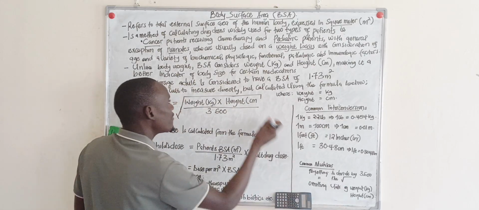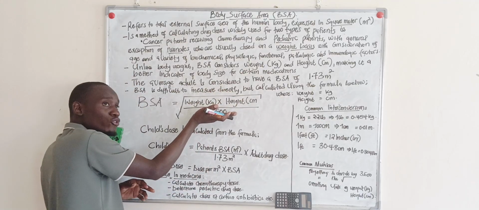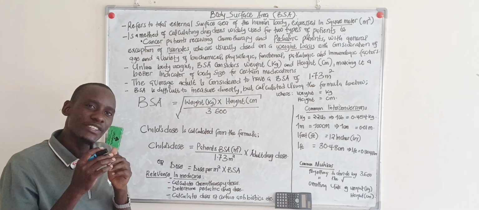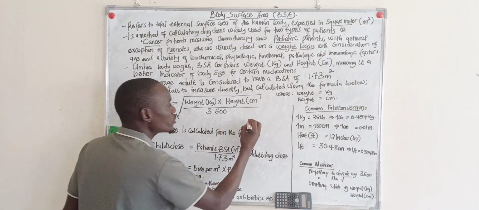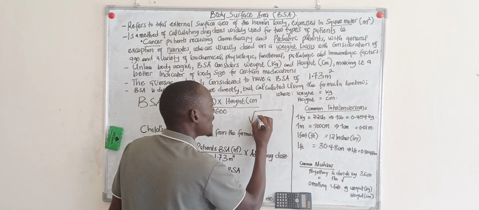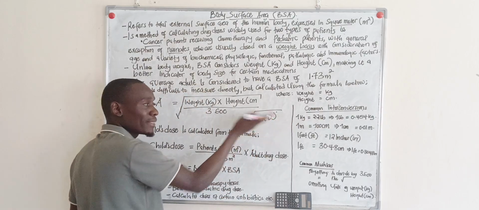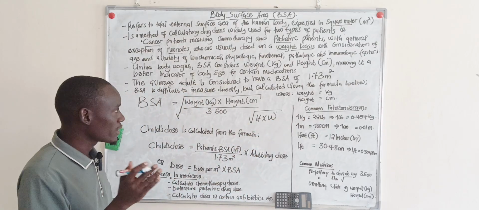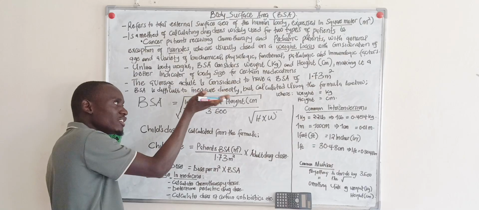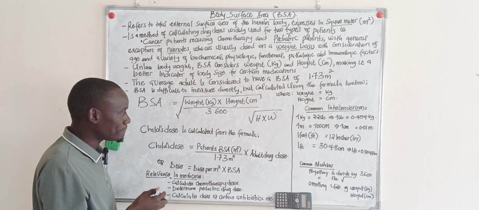The square root covers both the numerator and the denominator. Students often make mistakes by applying the square root only on the numerator. That is wrong. The square root covers both the denominator and the numerator.